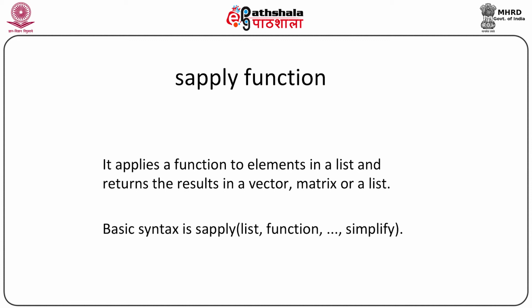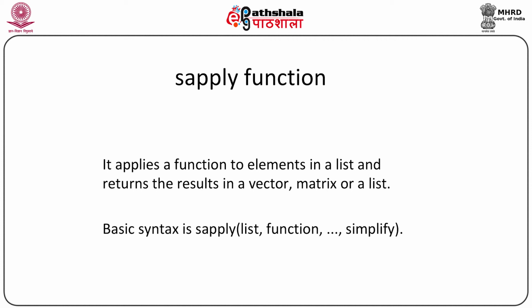When the argument simplify is equal to false, then the sapply function returns the result in a list just like the lapply function. So basically the two will converge then. However, when the argument simplify is equal to true, which is the default one, then the sapply function returns the results in a simplified form if at all it is possible.